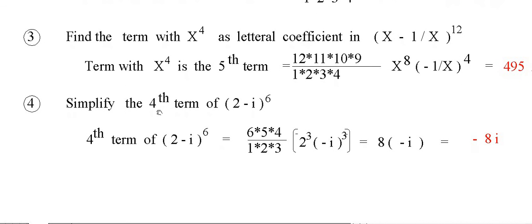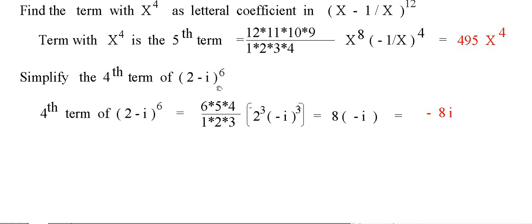Next, simplify the fourth term of the expansion of 2 minus i, closed quantity, raised to the 6. The second literal coefficient is minus i. If it is the fourth term, the exponent must be 3 here, and the sum of these two must be 6, the original exponent of the expansion.